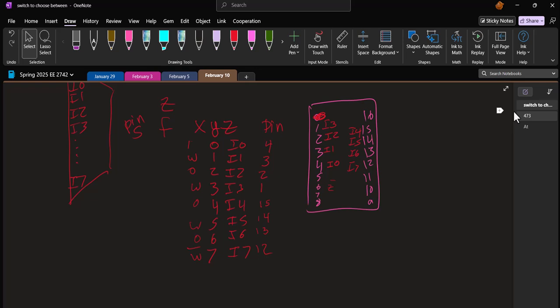then we're going to put 0 into pins 4, 2, 15, and 13. So wherever ground is, 15 and 13 and 4 and 2.